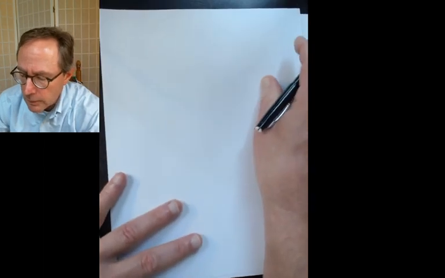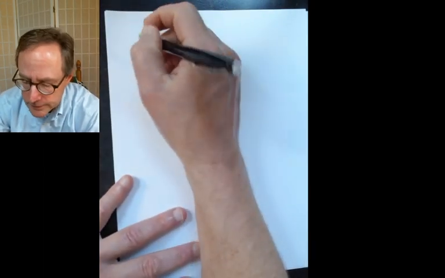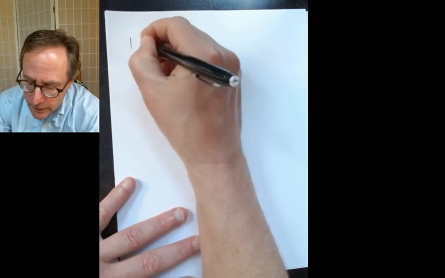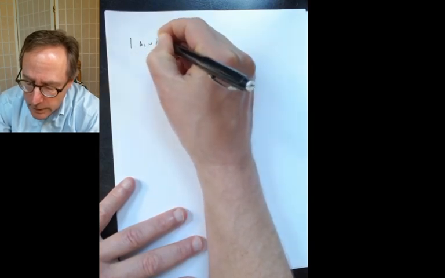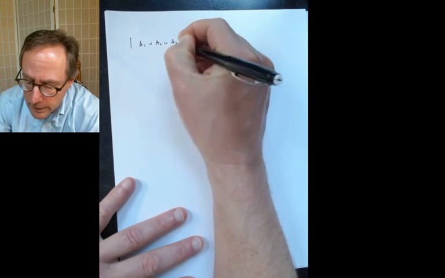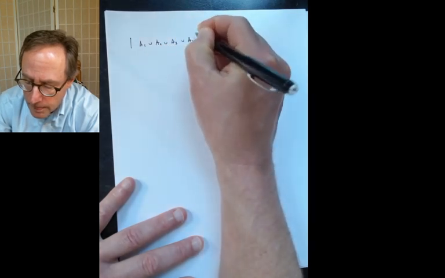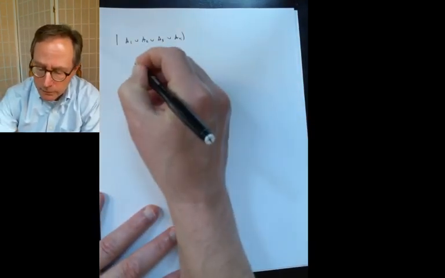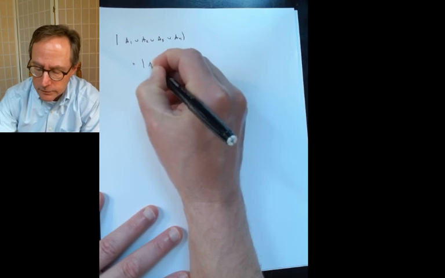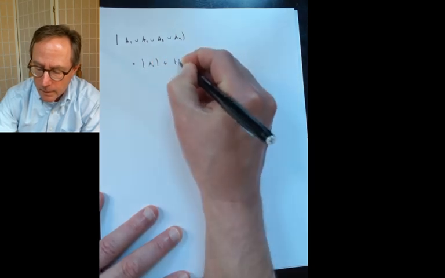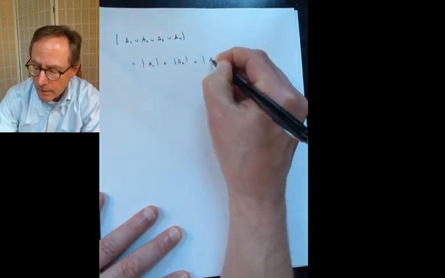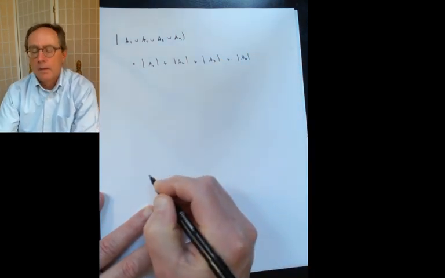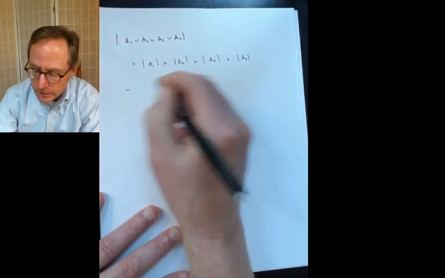Okay. So if we're looking to take 4 things, we're looking for the size of A1 union A2 union A3 union A4. And it's going to be complicated, so I'll leave a lot of room. First of all, you add the singles. Then you subtract the pairs, and there's going to be a lot of pairs.